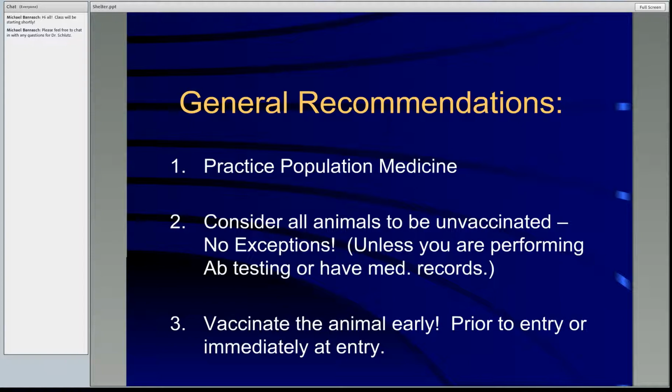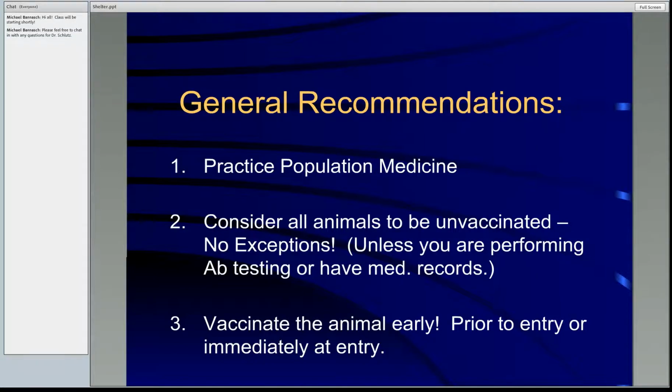And so my recommendations for vaccination in shelters would be different. We should consider all animals to be unvaccinated, no exceptions, unless you are performing antibody testing or you have medical records. Otherwise, we need to consider all of the animals coming into a shelter as unvaccinated.